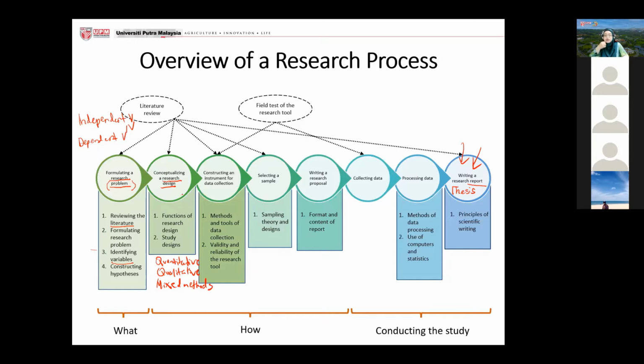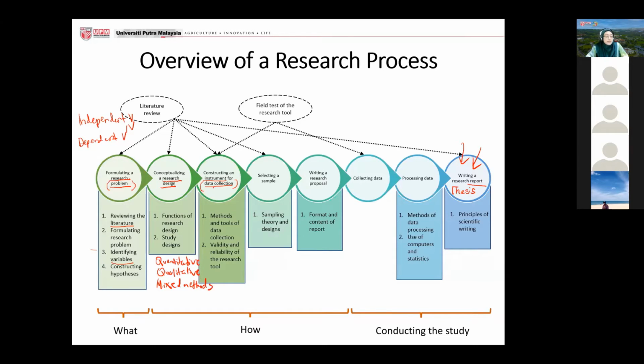And then once you already confirm what is your study design or research design, you can then start looking at the instrument. An instrument here is specifically for data collection. So data collection is actually the major thing there.